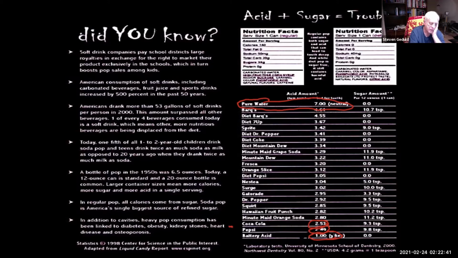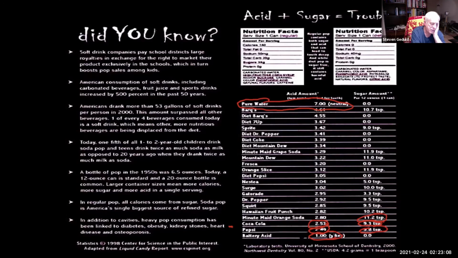But look at the pH of these groups and it's amazing what they have in them. Coca-Cola has 9.3 teaspoons of sugar at 2.53 pH. Diet Coke, Diet Pepsi. But look at Minute Maid orange soda: 11.2 tablespoons of sugar and 2.8 pH. So these drinks have tremendous amounts of sugar and very high acidic content.